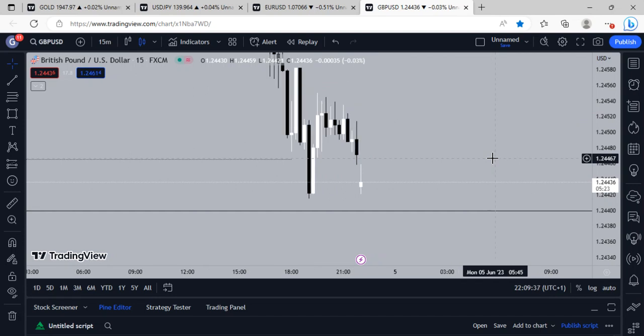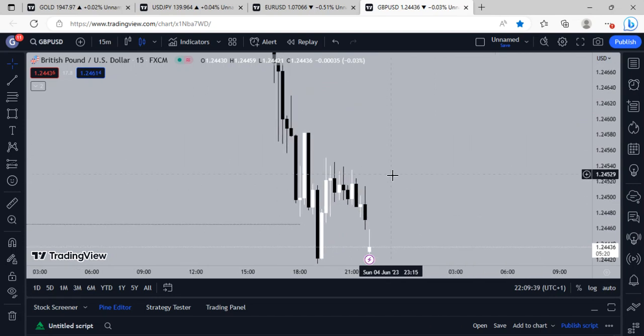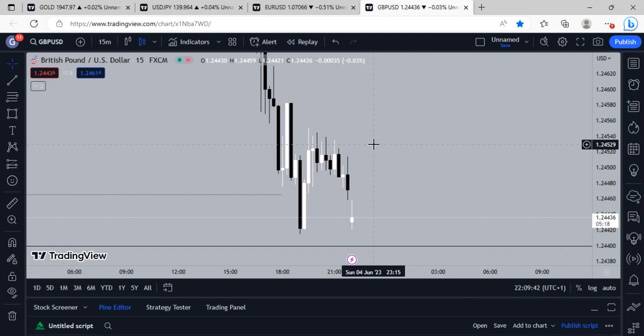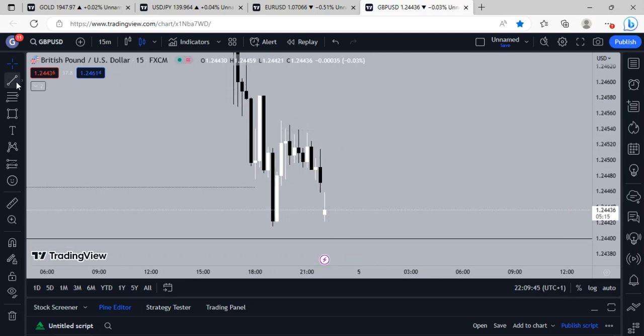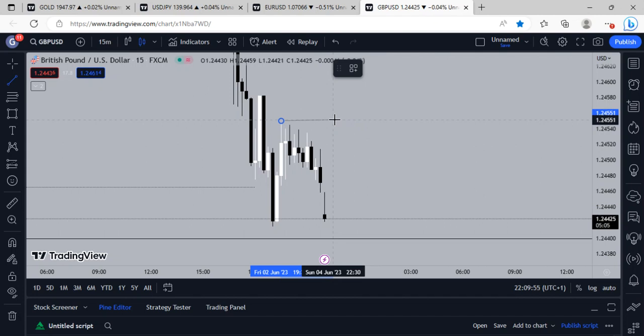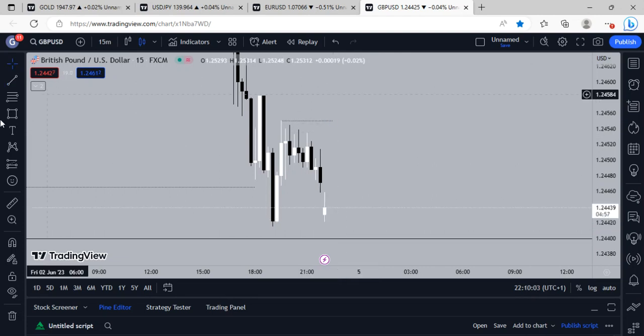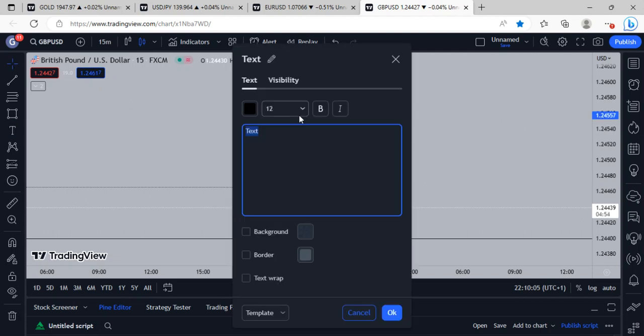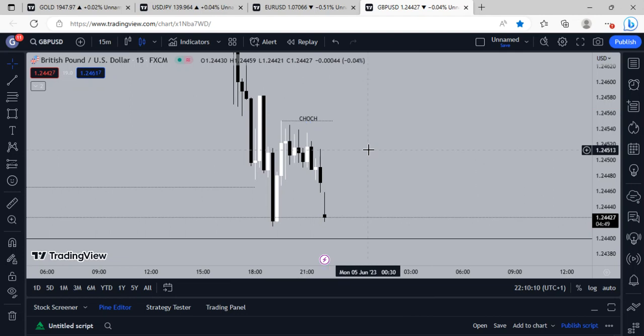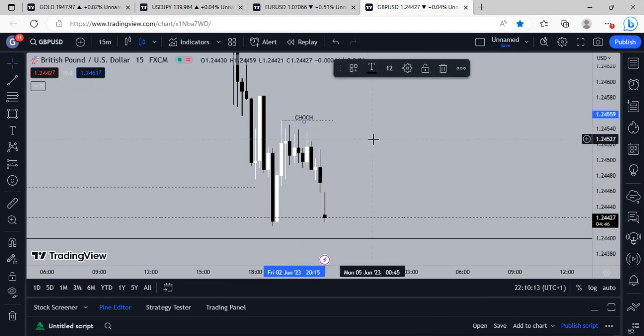Now what I want to look for is chalk, so that I know when chalk is broken, that is now going to be our change of character. And once price closes above it, we can then head up to the upside and look for buys. We can look for inducements and things like that, right?